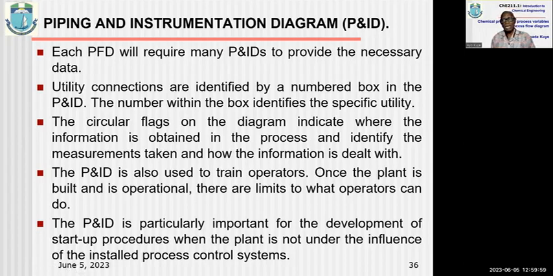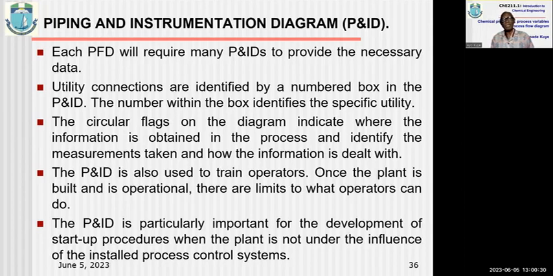One of the uses of the P&ID is also to train the operators, the people who will operate the plant. Because with that, you can now use it to trace the different equipment, the lines, the pipings. And before you even start operation, you can use the P&ID to understand what is within the plant.